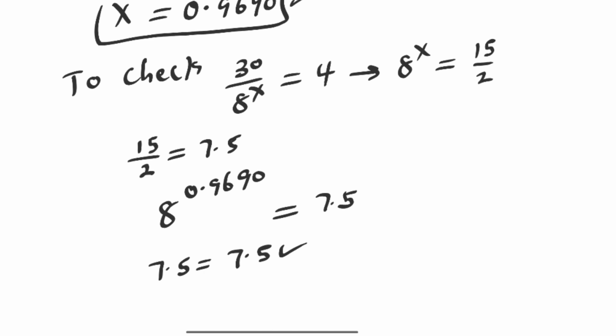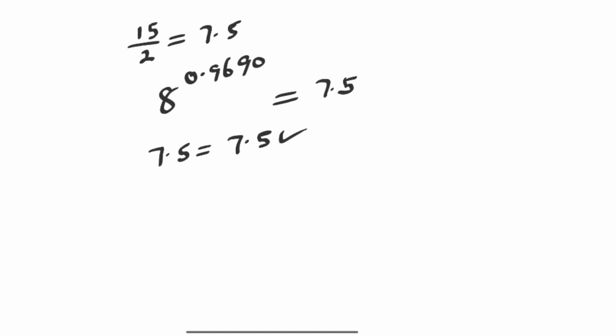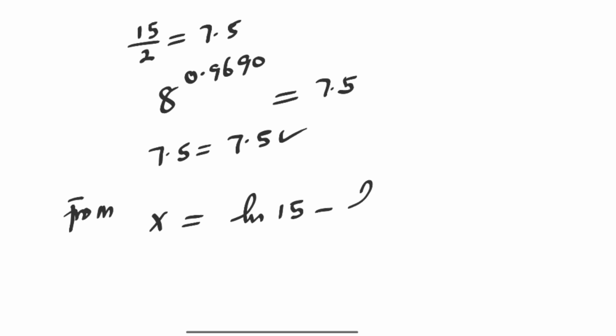Then if you want to leave your answer in natural logarithm form, from s is equal to ln of 15 minus ln of 2 over ln of 8.